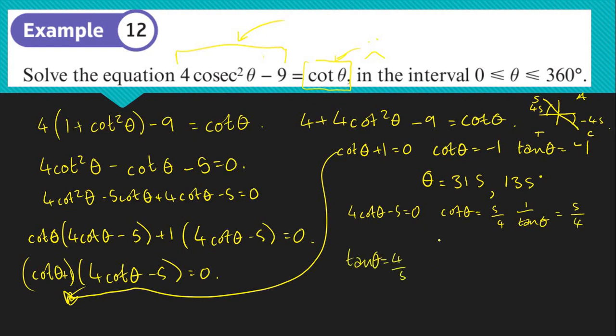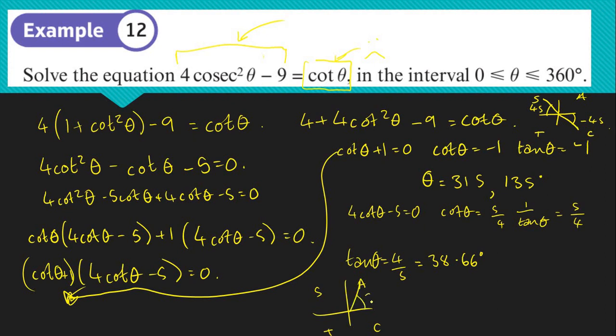Again, that's absolutely fine. And so we can use tan to the negative 1 of 4/5. So we've got shift tan to the negative 1 of 0.8, which comes out as 38.66 degrees. CAST again, C, A, S and T.